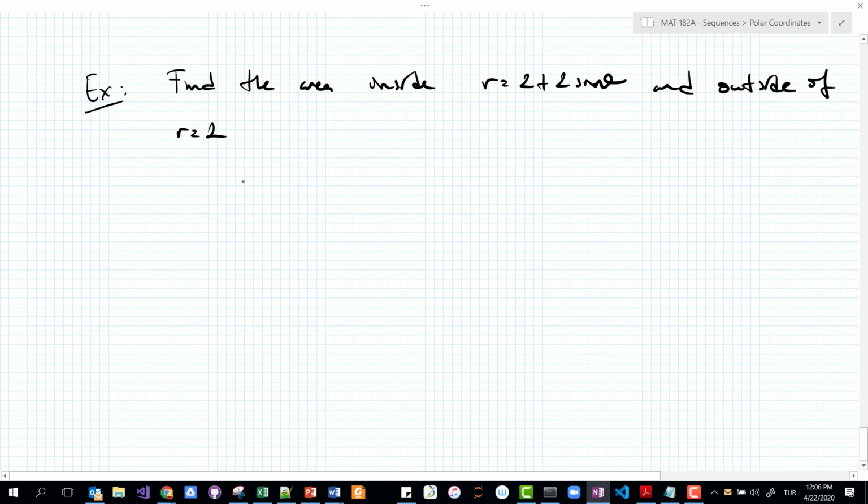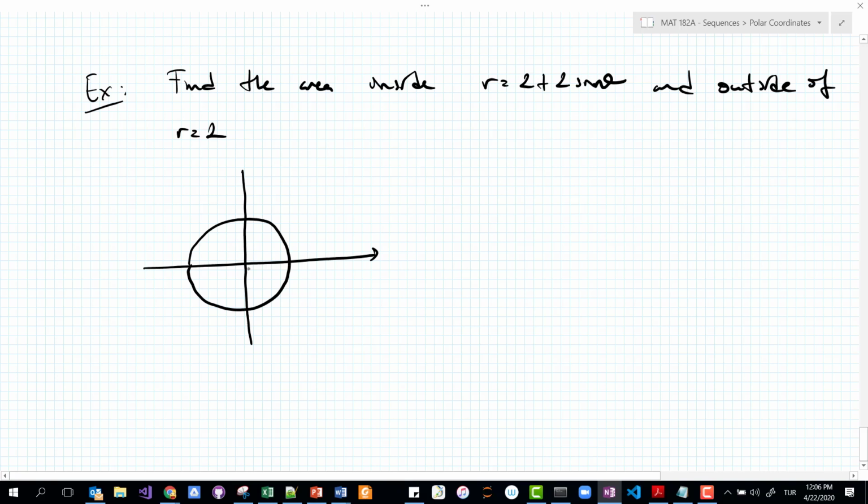To figure out the area problems here, you always need to draw the shapes, guys. r equals 2 here, look at that, this is the normal circle. And then r equals 2 plus 2 sine theta is going to be this one.